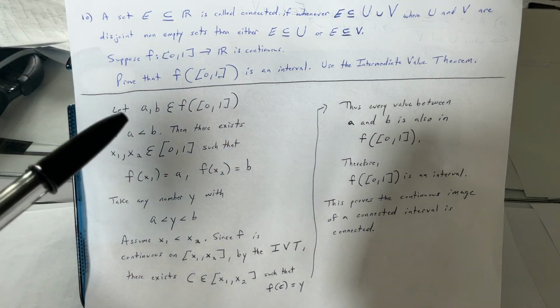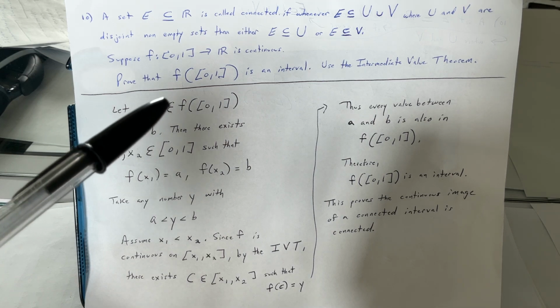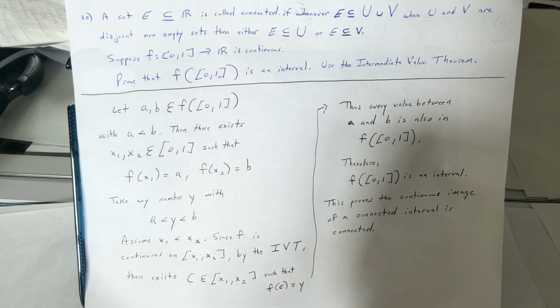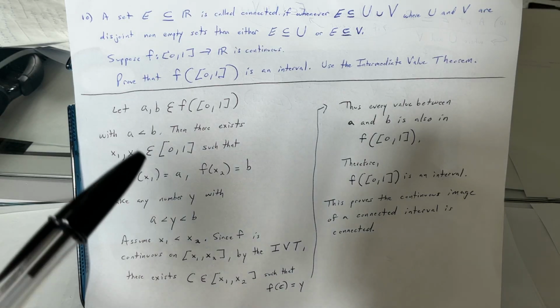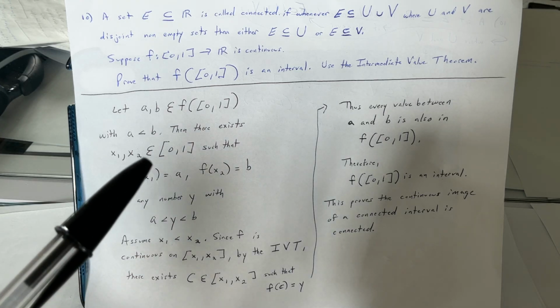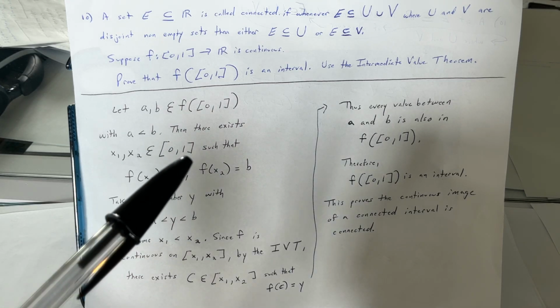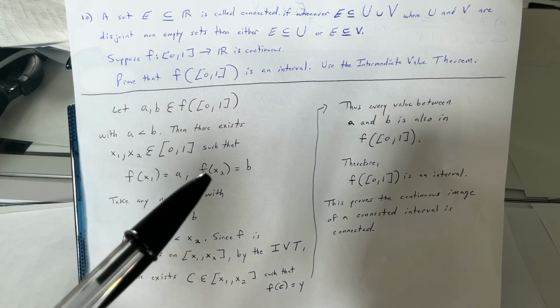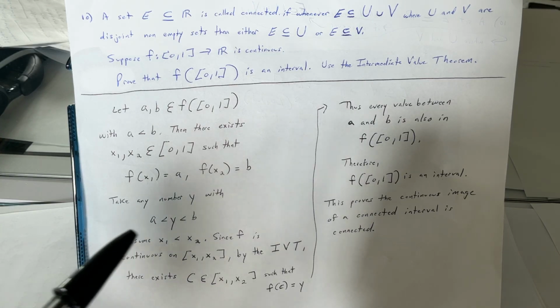So we'll let A and B be elements of F of the interval 0 to 1 with A less than B. Then there exist x sub 1, x sub 2 in the interval 0, 1 such that F of x sub 1 equals A, F of x sub 2 equals B.